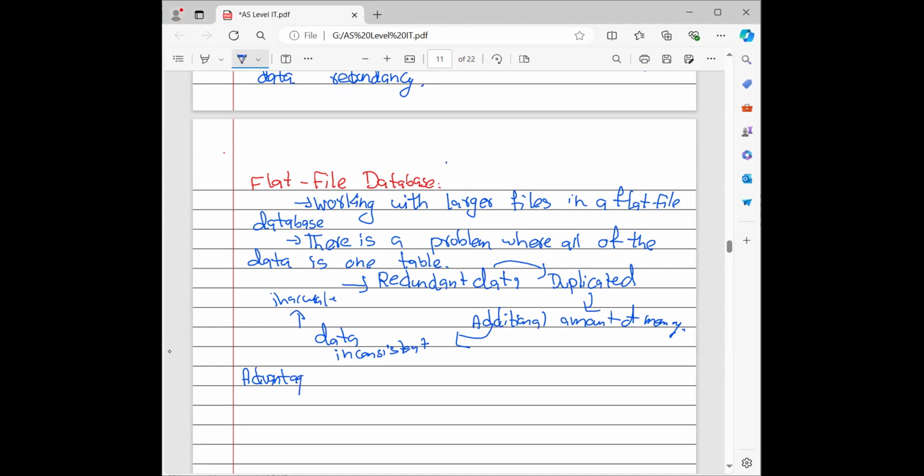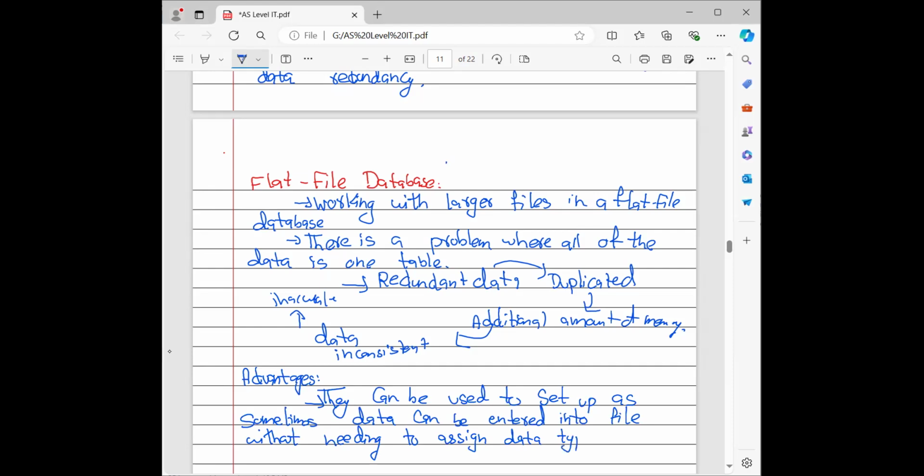As far as their advantages or uses are concerned, sometimes data can be entered into a file without needing to assign data types, field sizes, or relationships. So this is the area where they can be used.